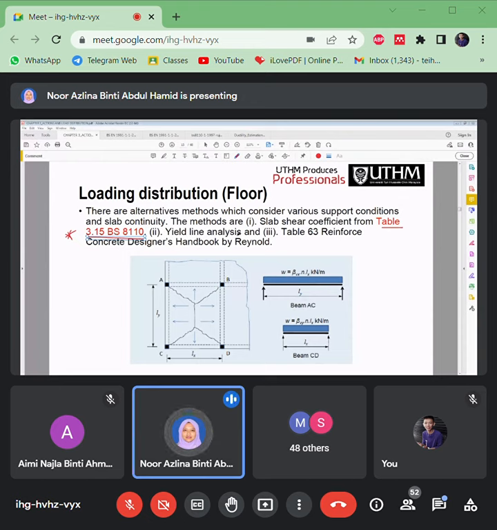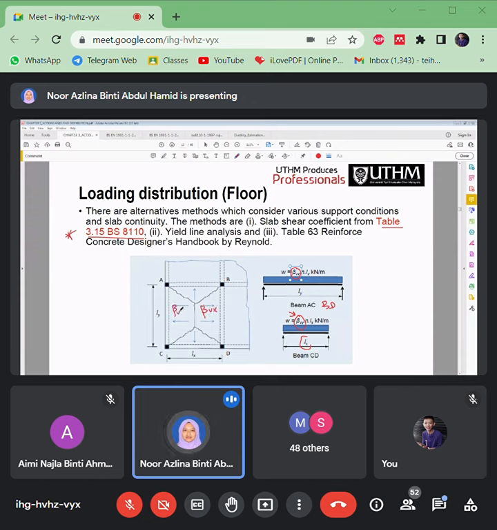In the table it gives coefficients. The coefficient for span LY means for beam AC and beam BD. It gives a coefficient labelled as beta Vy for the short span, for beam AB and beam CD. So for these portions, it is the coefficient beta Vx.